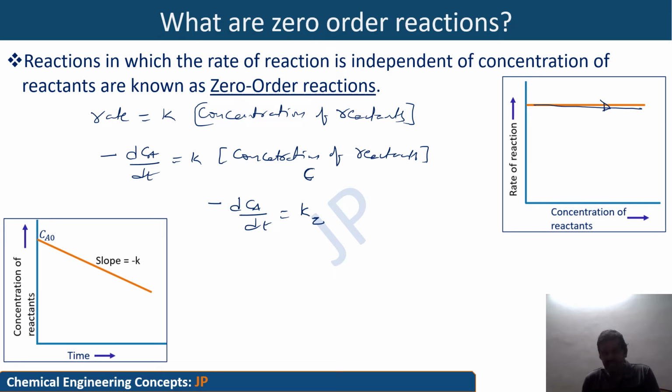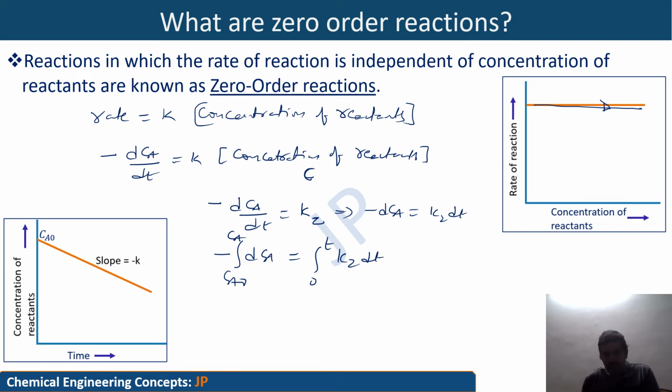If I rearrange it and integrate it, what do I get? Minus dCA equals Kz dt. So minus dCA integrating from Ca0 to Ca, and integrating from 0 to time t of Kz dt.